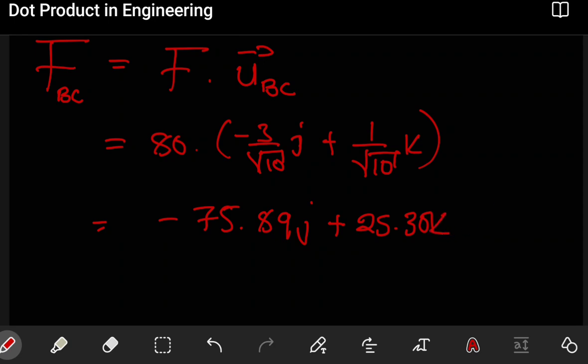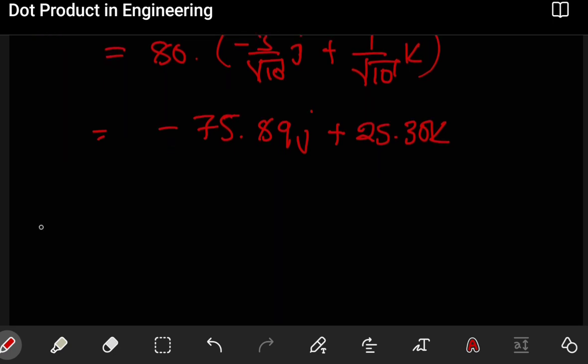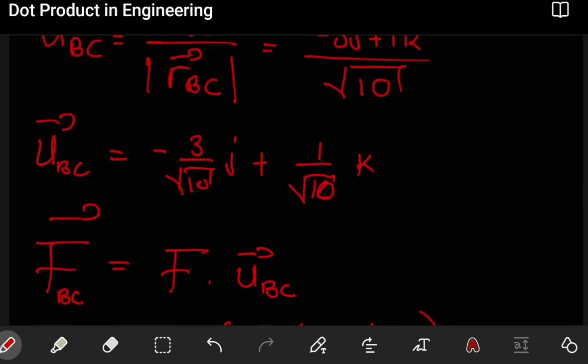So now that we have the force expressed in Cartesian vector form, we can go right ahead and get the projection. The projection of F along the line segment BA will be equal to the dot product of the original force, which was running from B to C, dot a unit vector running in the direction we want the projection, from B to A. So our unit vector BA, we got it earlier on.